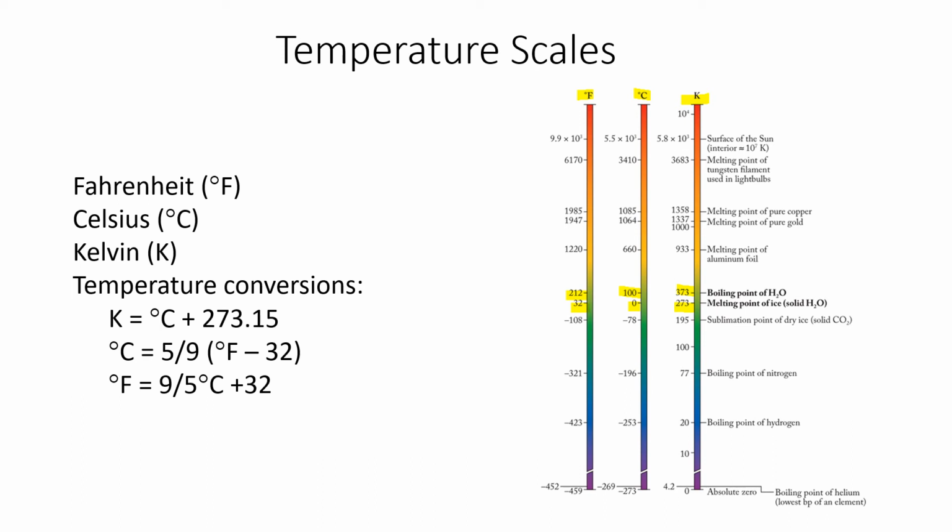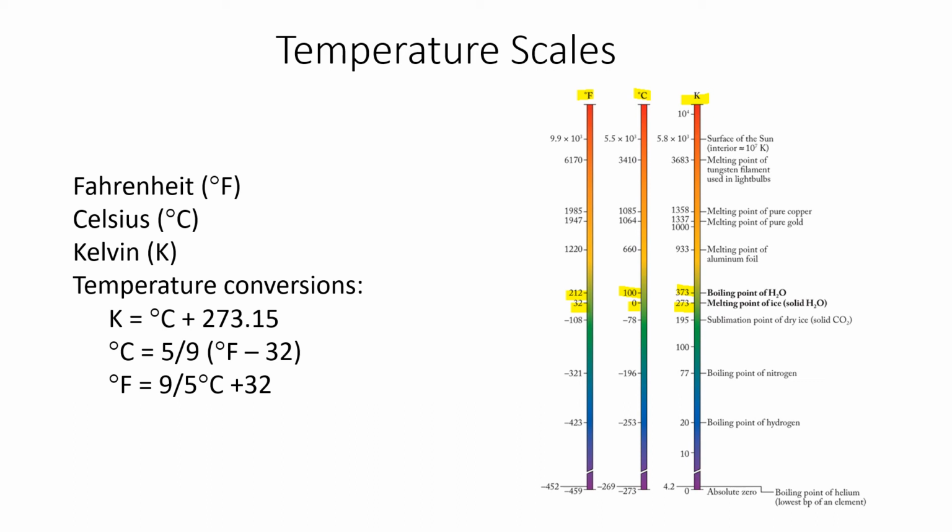Fahrenheit, though, has a different unit size. Look at what happened to water for Fahrenheit, 32 to 212. The difference there is 180 units. So for water going from freezing to boiling in Celsius or Kelvin, it was 100 units. In Fahrenheit, it was 180. So what that means is that Fahrenheit has a different unit size than Celsius and Kelvin does.